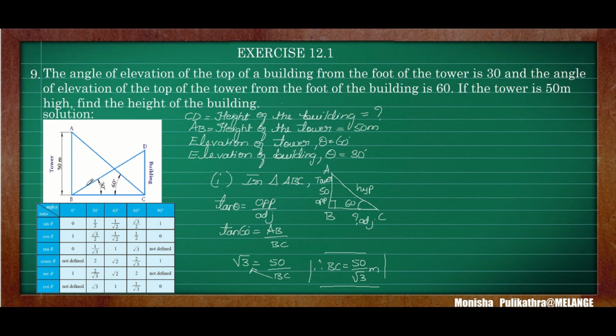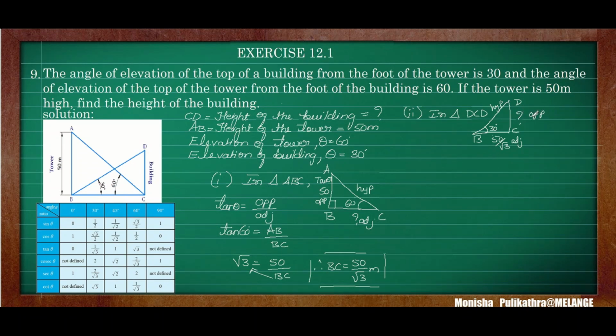Next, in triangle DCB, I will draw the DCB triangle also: D, C and B. Here the angle is 30 degrees. The adjacent side we just found out is 50 by root 3, this is the hypotenuse, and this side DC we need to find out is the opposite side.